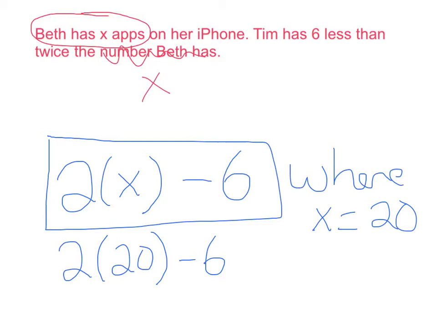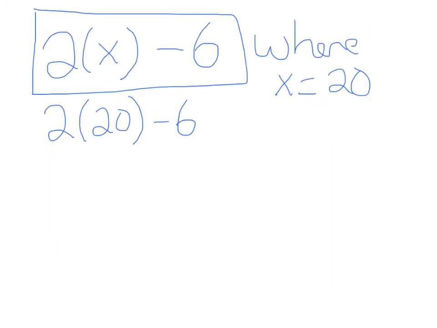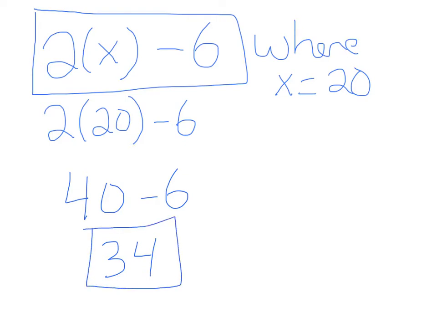And again, we're going to use PEMDAS here and evaluate this expression. 2 times 20 is 40. If I take 40 and subtract 6 from that, I get 34. So, if Beth has 20 apps on her phone, Tim has 34 apps on his iPhone.